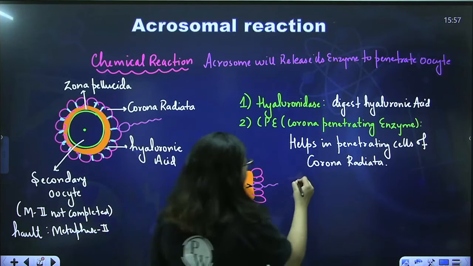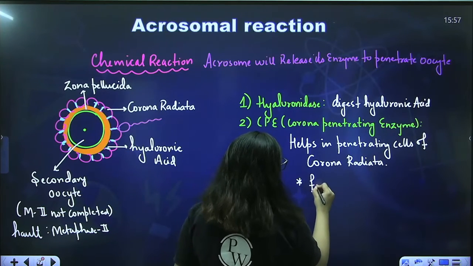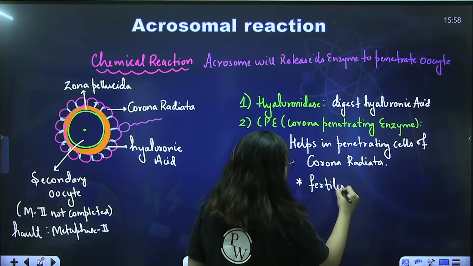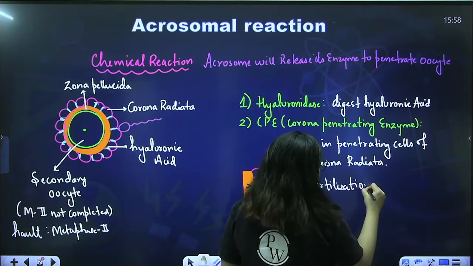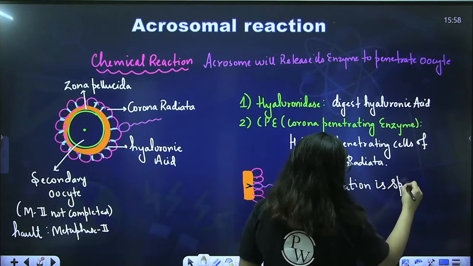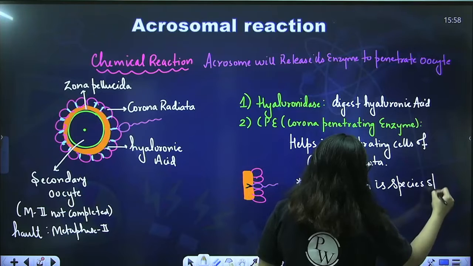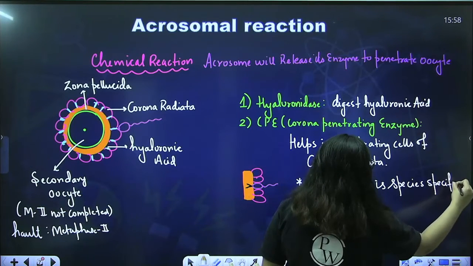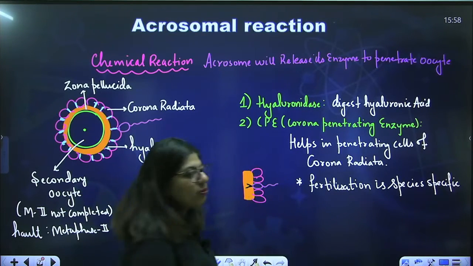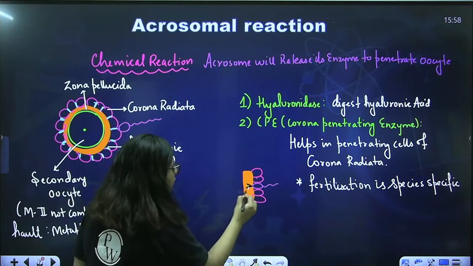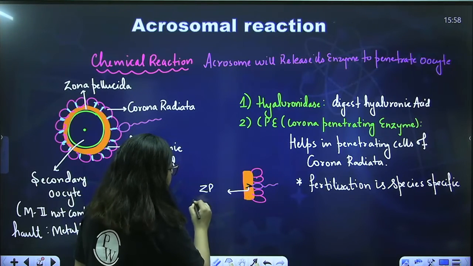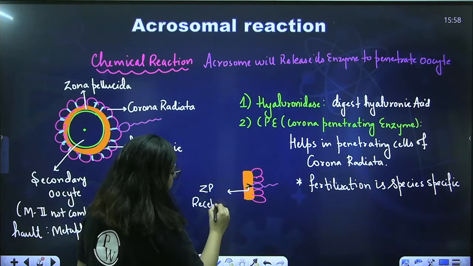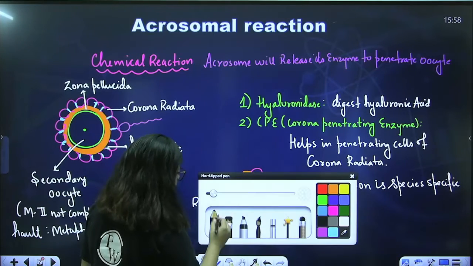So here is a very important point: fertilization is species specific. How? What are the proteins present on the zona pellucida called? ZP receptors, right?